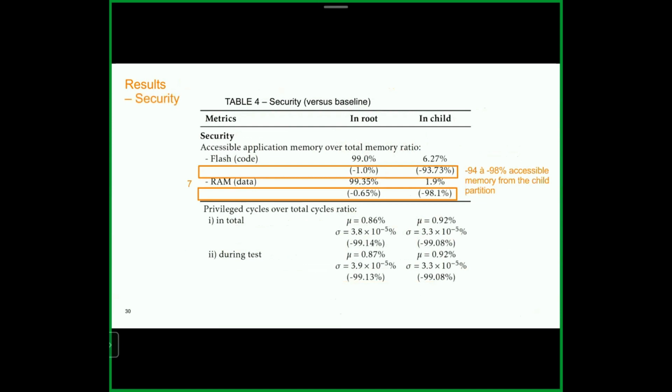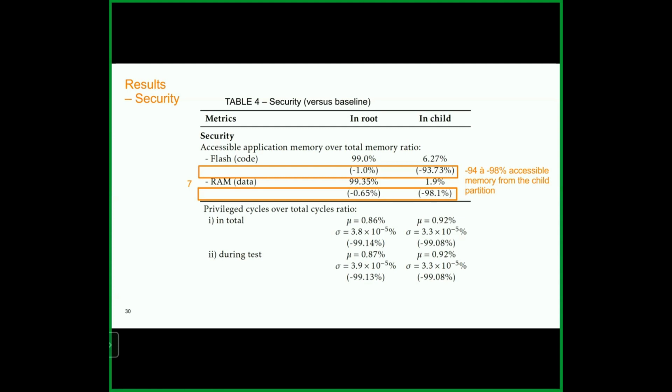Relating to the security metrics, we can remove 94% to 98% of the accessible memory for a partition.